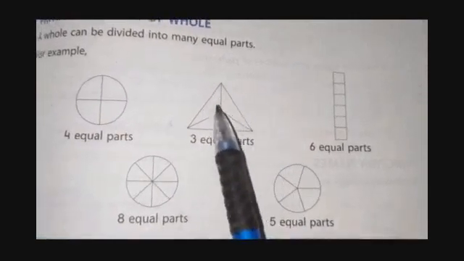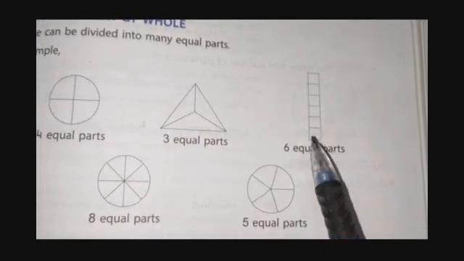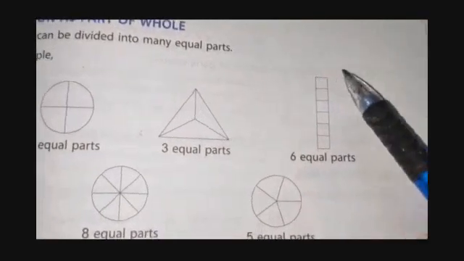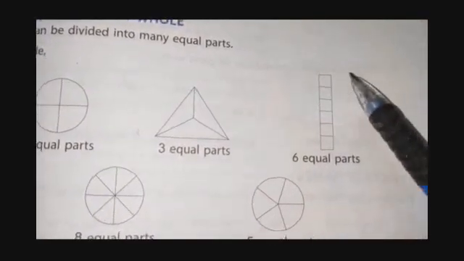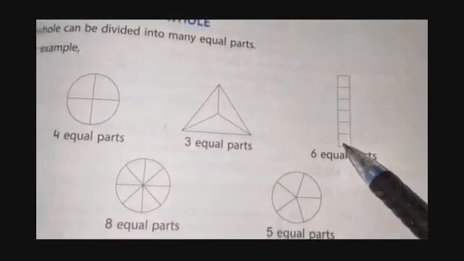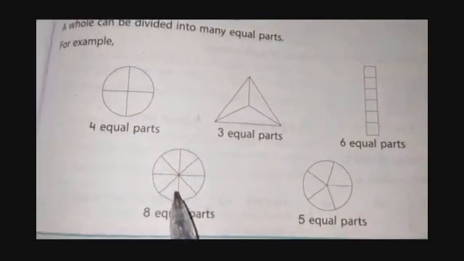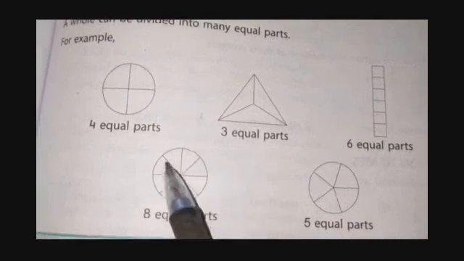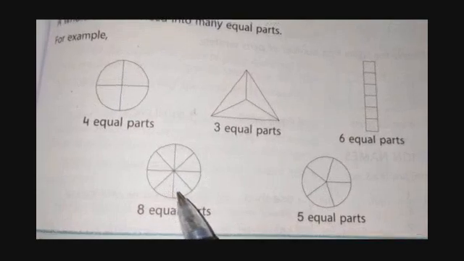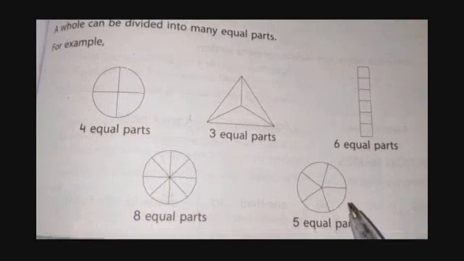Here is a rectangle, and this rectangular figure has been divided into 1, 2, 3, 4, 5, 6 equal parts. Then let us look at another shape. It is again a circle, and this circle is divided into 8 equal parts. Similarly, this circle is divided into 5 equal parts.